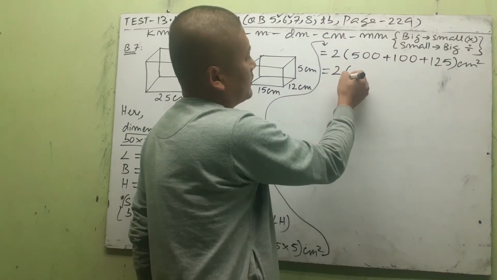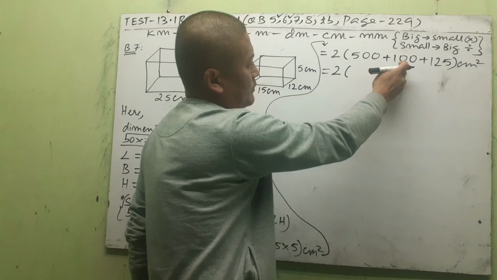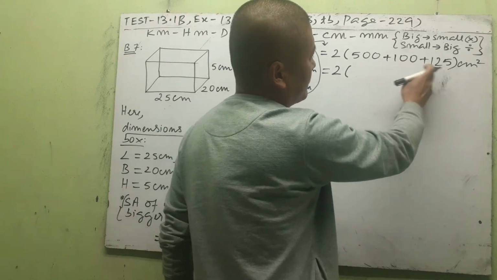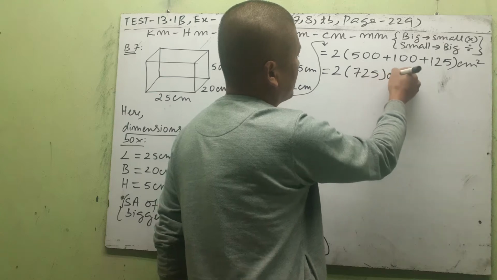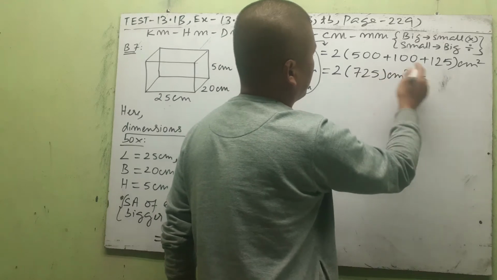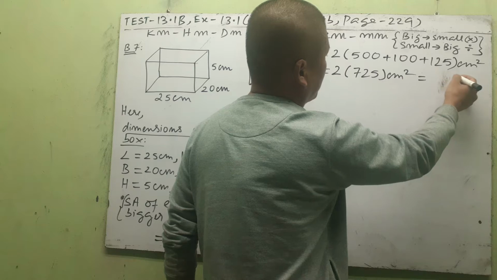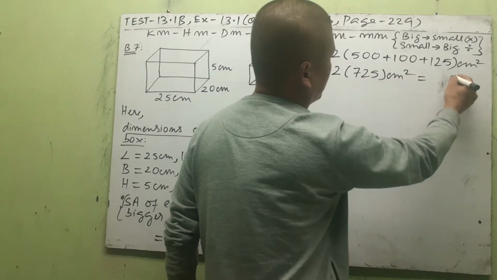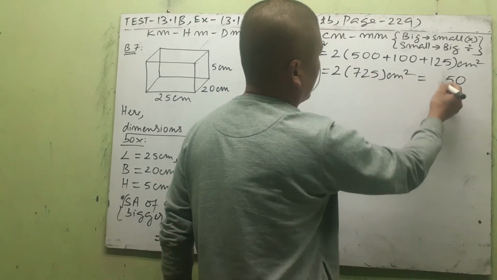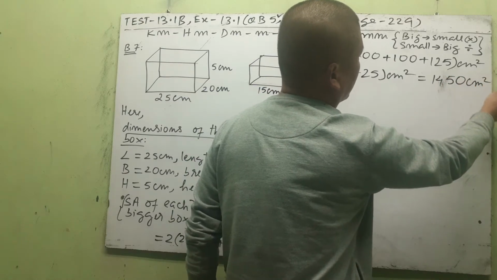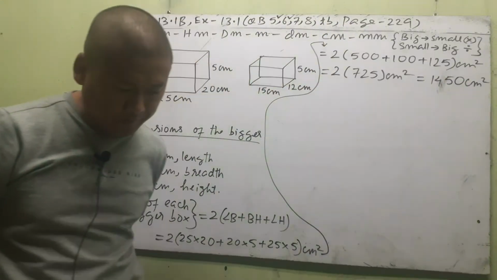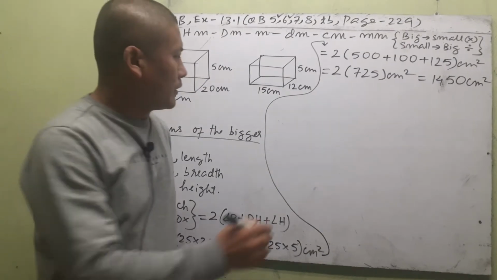So 2 into, this is quite easy. 5 plus 500 plus 100, 600 plus 100, 725. So this much is the cardboard area required for each bigger box. 2 5s are 10, 2 2s are 4 plus 1, 5, 2 7s are 14. So 1,450 centimeter square.